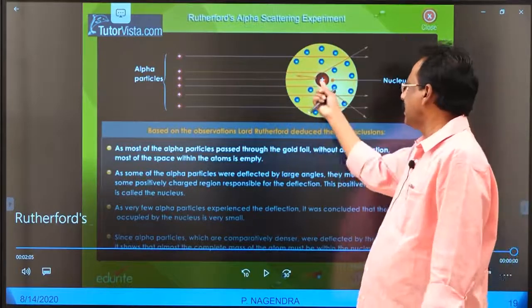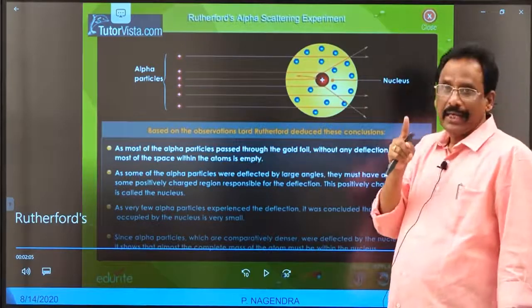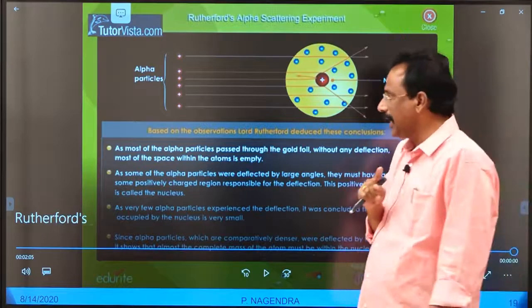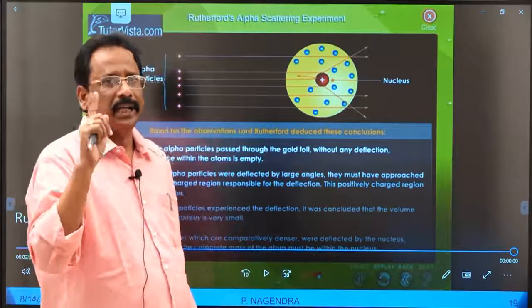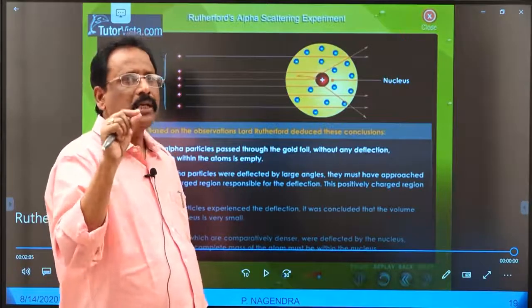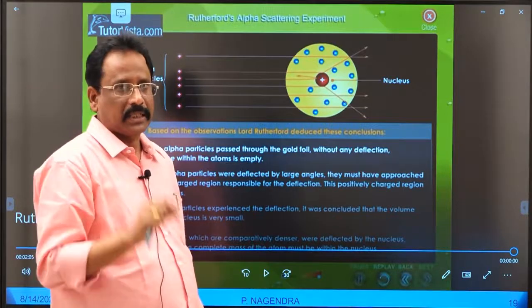That's why it deflected back along its original path. And the third conclusion is also very important. When compared to the size of the atom, the size of the nucleus is very negligible. So remember this point. The size of the atom is in the order of 10 power minus 8 centimeters.